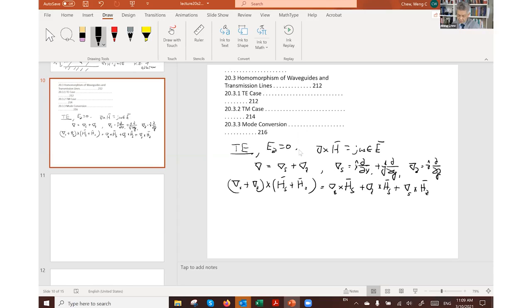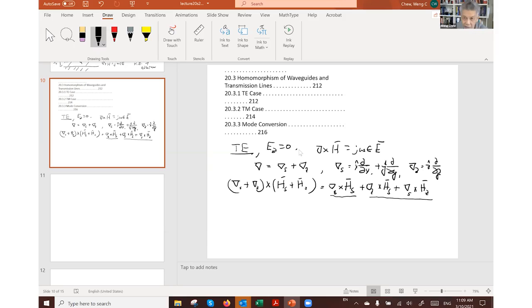Then I can see that if I were to just pick out the transverse component, only these 2 terms would have a transverse component. The others point purely in the z direction, because transverse crossing with transverse gives me a z component. So I can immediately see that the transverse component has to come from the last 2 terms, because z crossed with s gives me a transverse component, and s crossed with z gives me a transverse component.